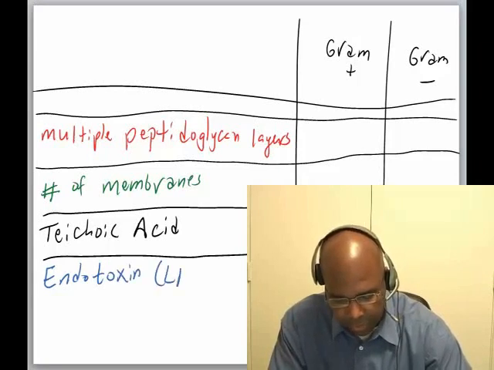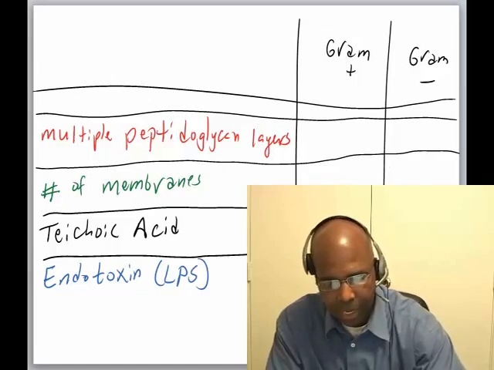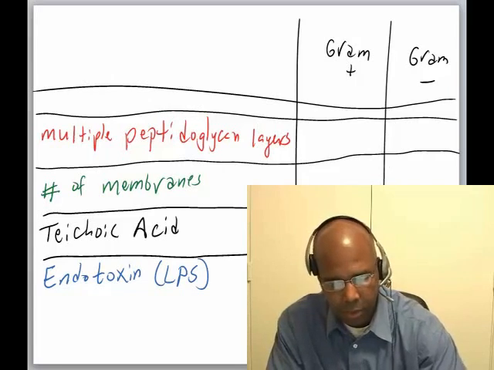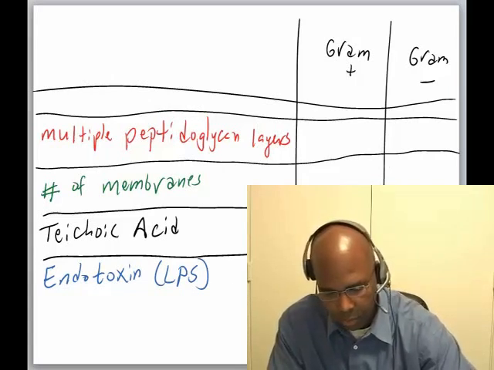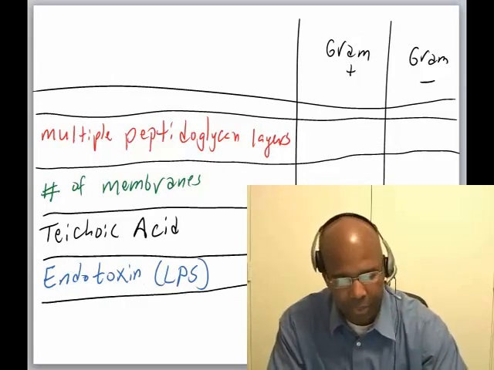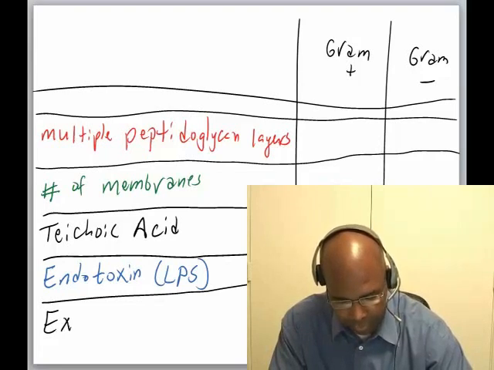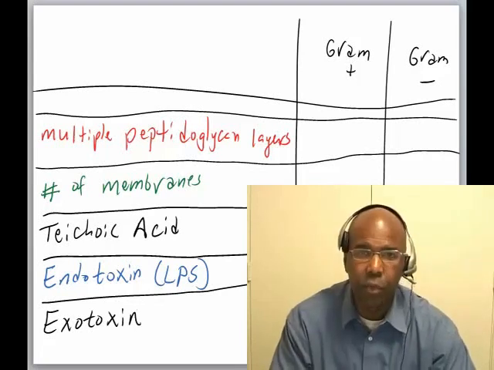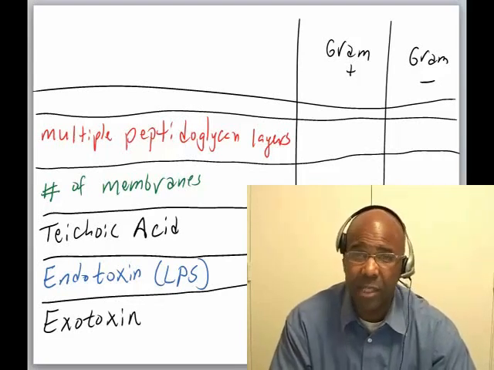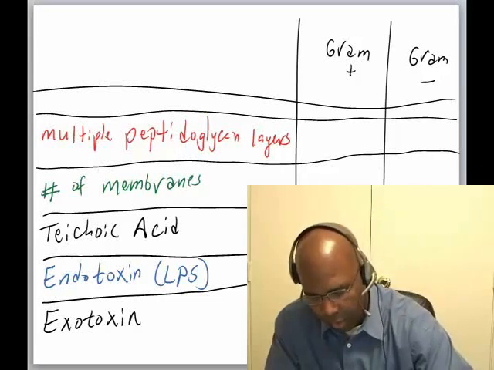That'll be LPS. Is it present? And lastly, does the bacterium secrete exotoxins? We've seen examples of the exotoxins, things like cholera toxin, ricin A, tetanus toxin, diphtheria toxin. All of these are exotoxins.